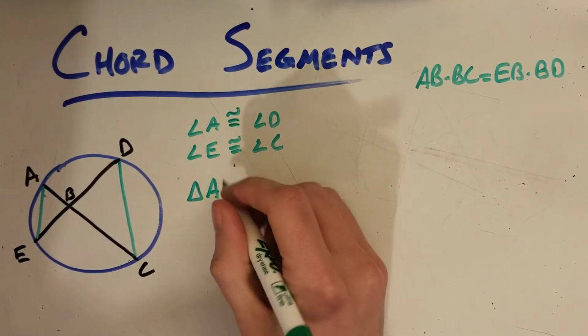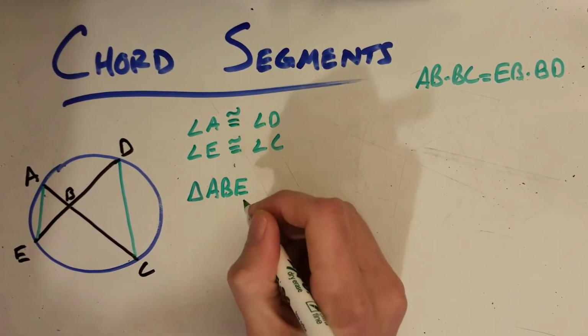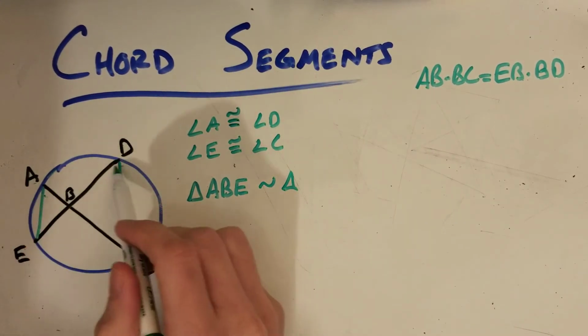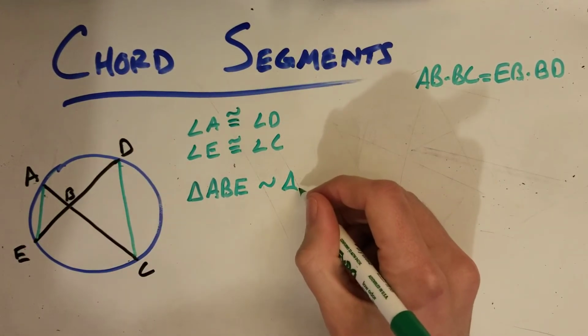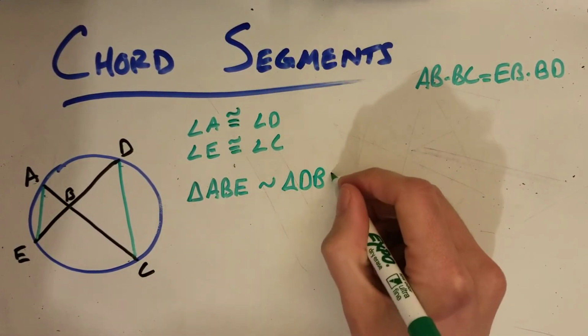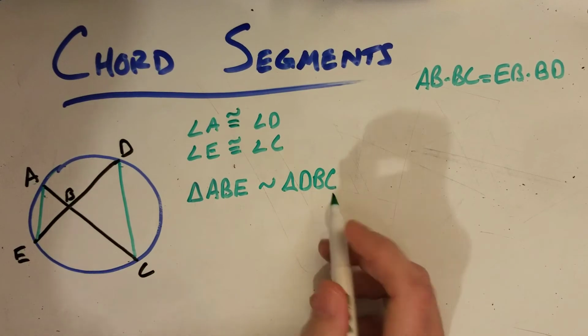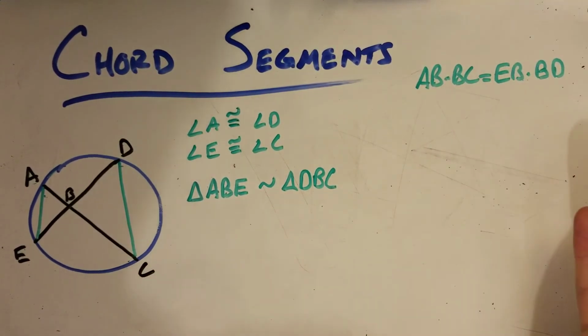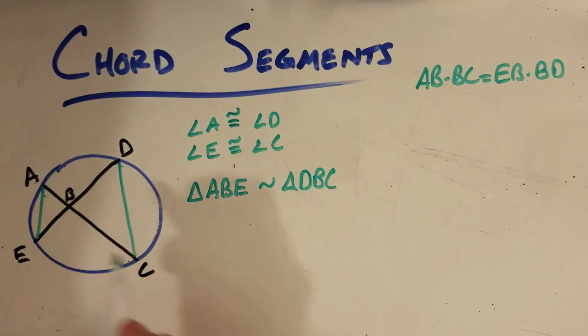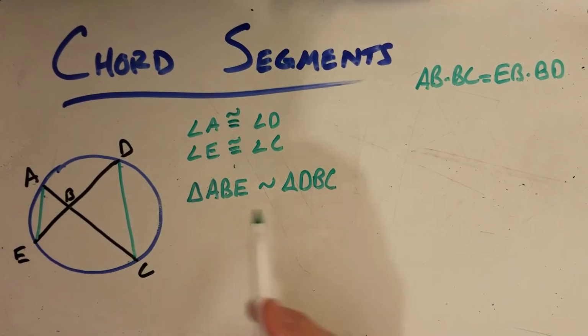We have triangle ABE is going to be similar to triangle, well, A corresponds with D, B will correspond with B, and E will correspond with C. So triangle DBC, we would know that from angle-angle similarity. We also could have used vertical angles if we wanted to, but I'll use the circle relationships we know.